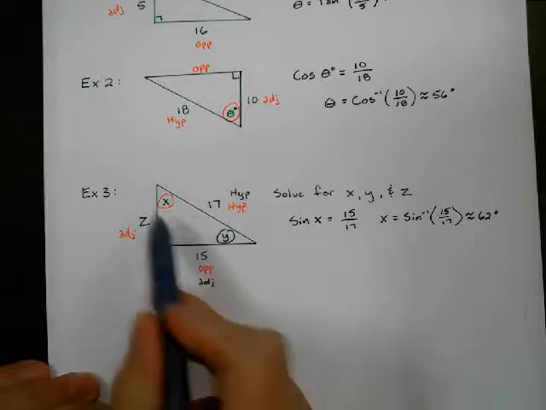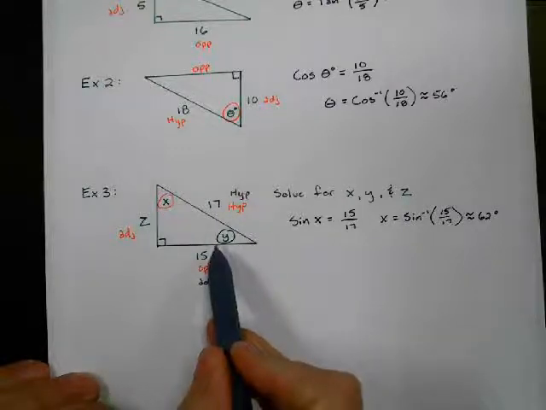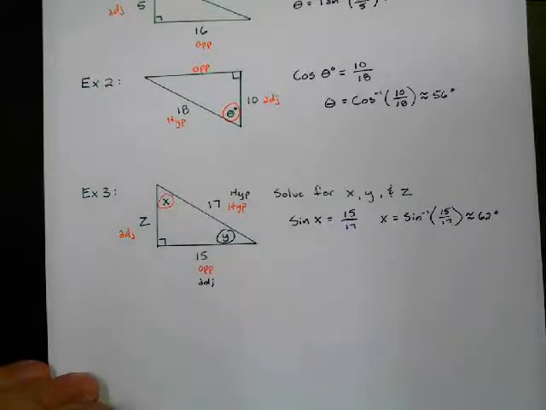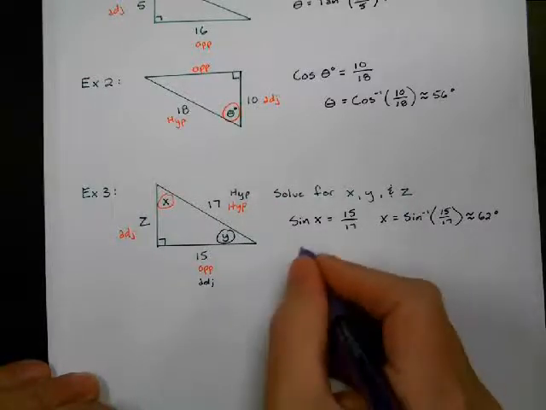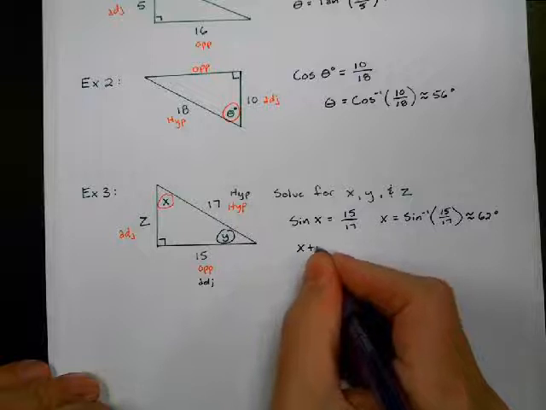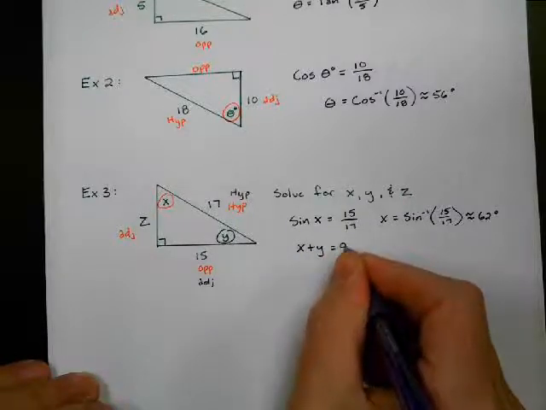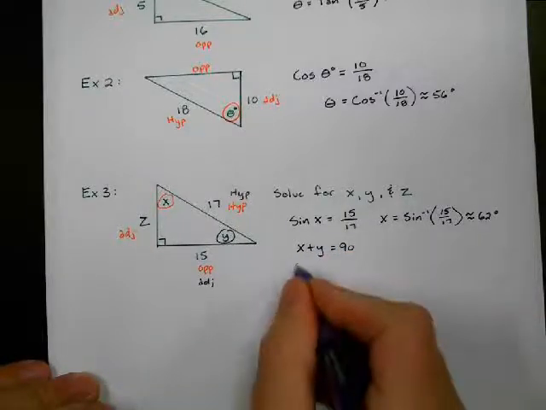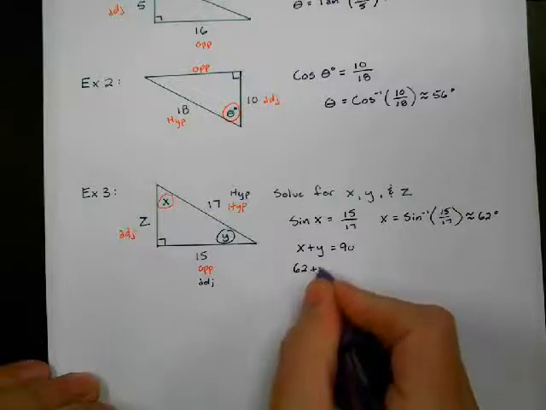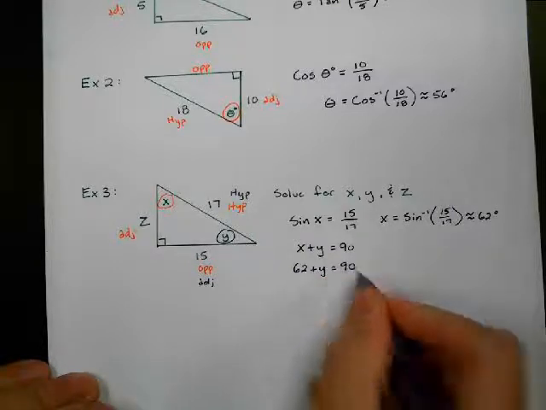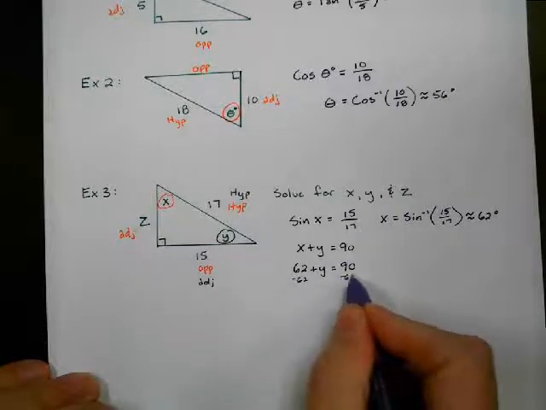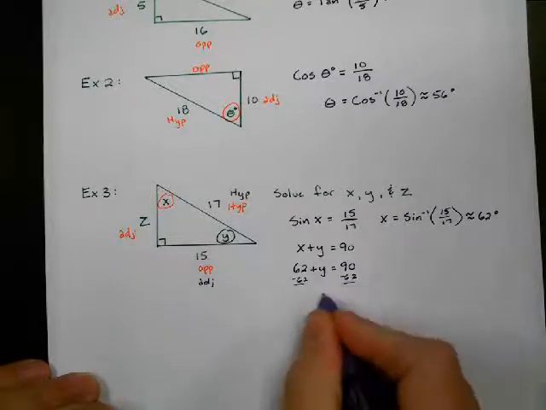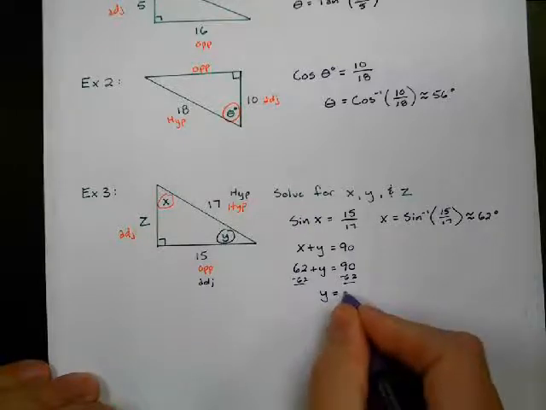We said that they have to add up to 90 degrees. So instead, let's just do x plus y equals 90. And we just found out that x was 62. So if I subtract 62 from both sides, I get that y is equal to 28 degrees.